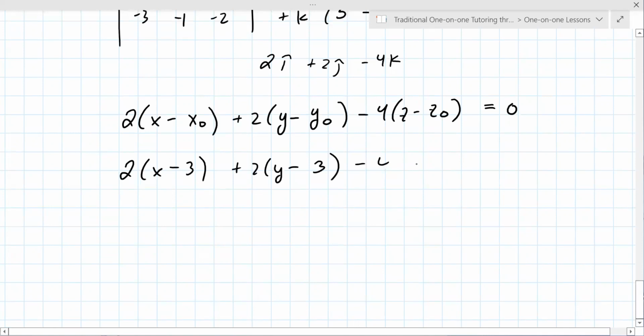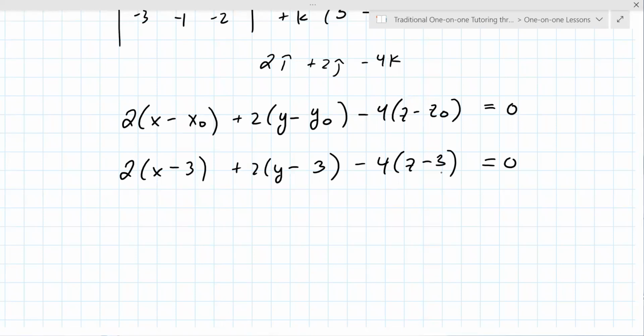There are different forms of a plane. There's standard form. I don't even remember what this one's called. Is that okay? Yep. Okay.